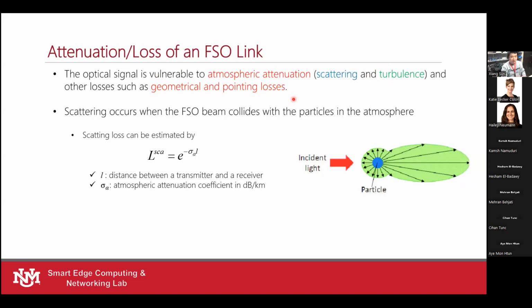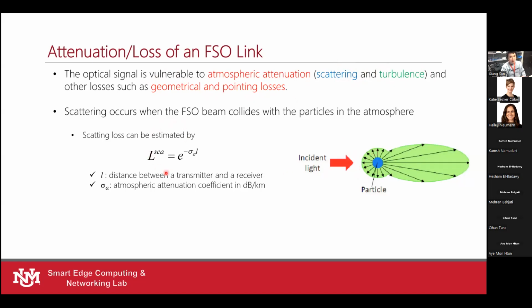For the next few slides, I'm going to talk in a little more detail about how we model those losses. First, the scattering loss occurs when the photons in the FSO beam collide with the particles in the atmosphere. The optical beam will be absorbed and radiated in different directions.